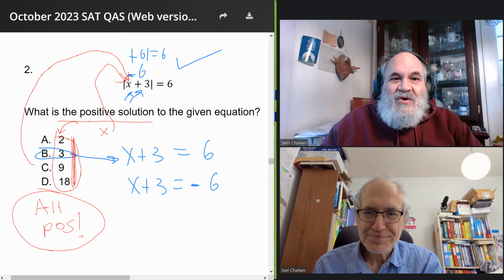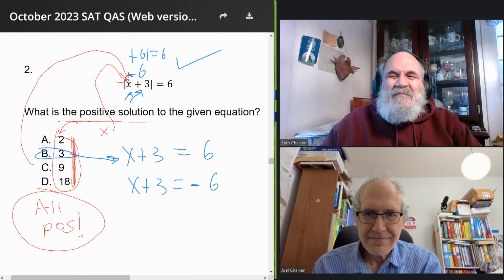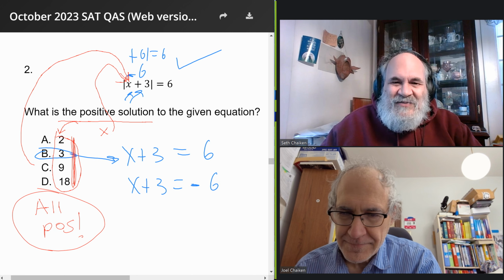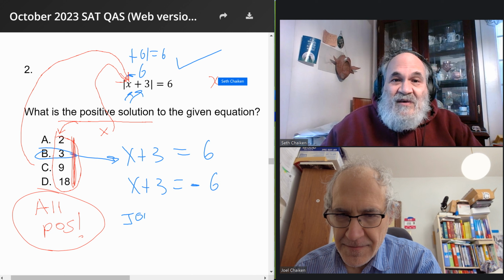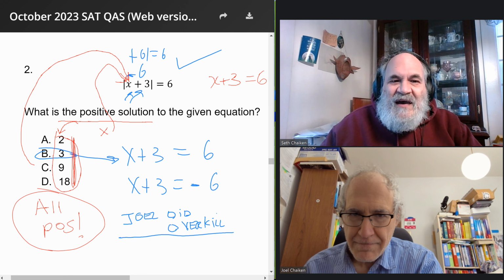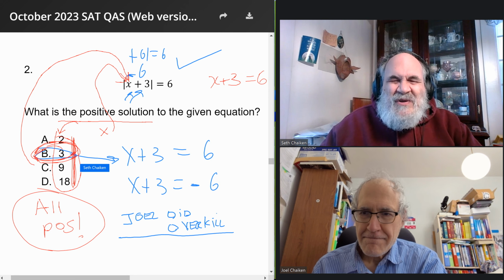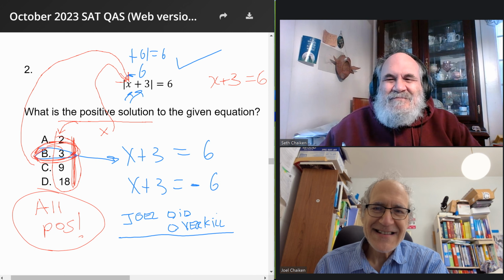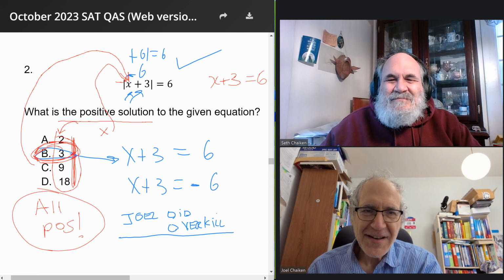When you add a positive number to 3, you get a positive number. So for all the choices, the number you get is given by the formula x plus 3. So you find the x for which x plus 3 equals 6, and the only x for which, when you add it to 3, you get 6 is 3. End of problem. In other words, in this problem, Joel did overkill.